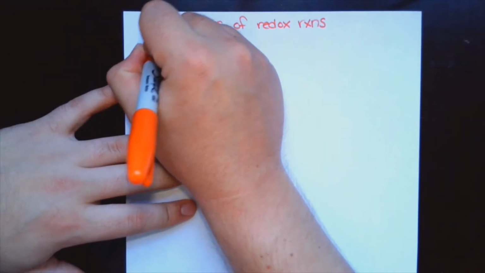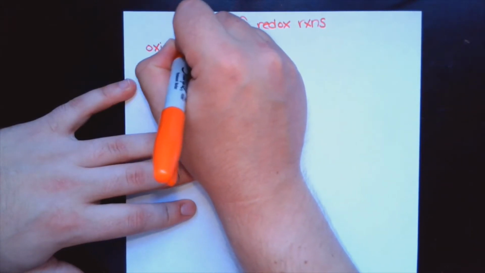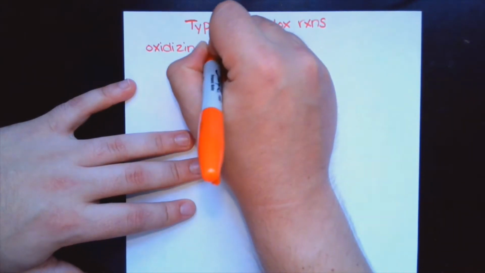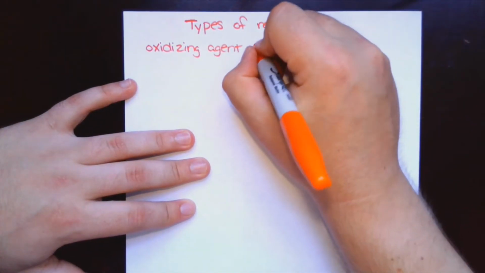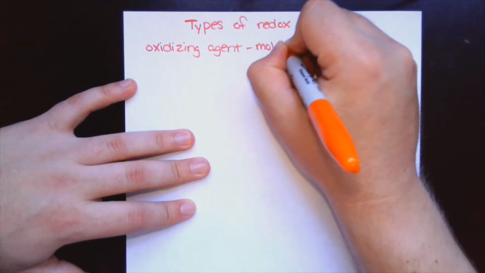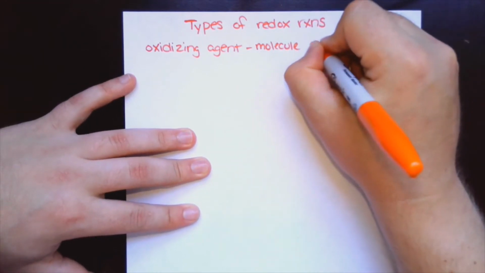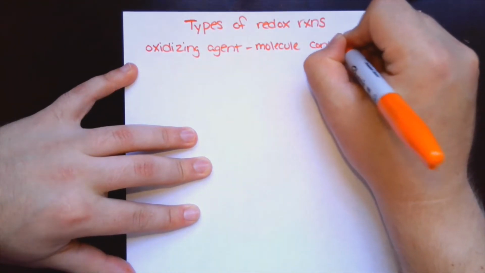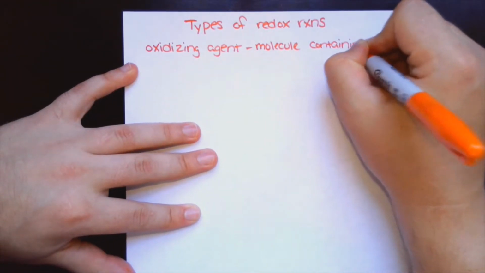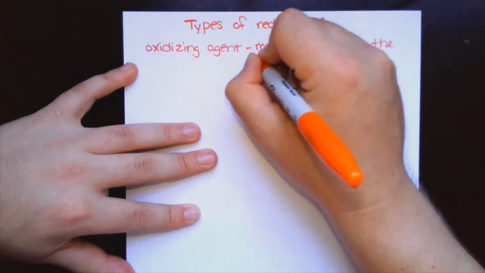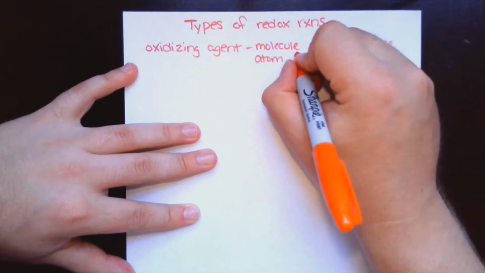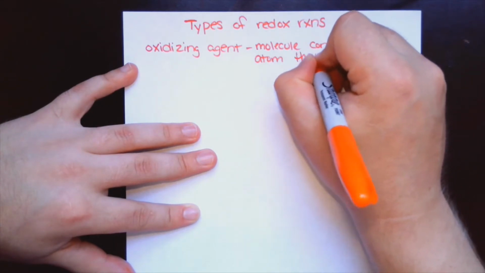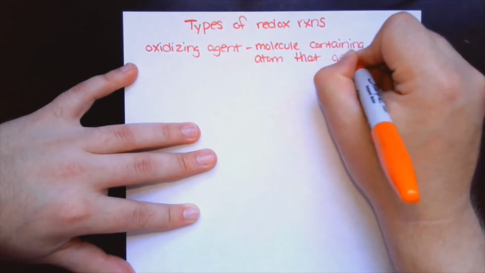So something called an oxidizing agent. The oxidizing agent is the molecule containing the atom that gets reduced.